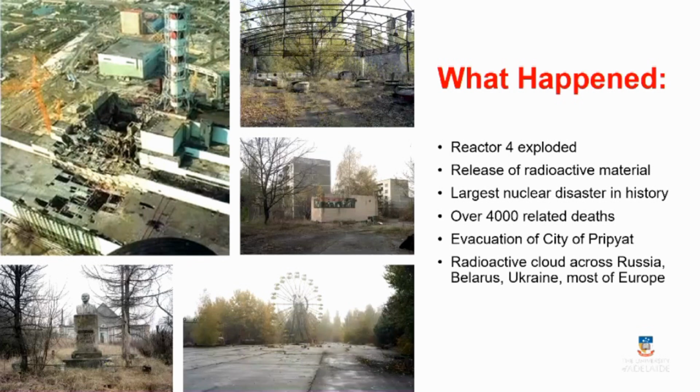And the radioactive cloud across Russia, Belarus, Ukraine, most of Europe was another huge consequence. And I know from relatives in Greece there was evidence to suggest that certain yields of milk and cheese dropped, contamination levels picked up, so it did have quite a wide effect. So like I said, this was the Michael Jordan of all incidents, and something that we should not forget about.